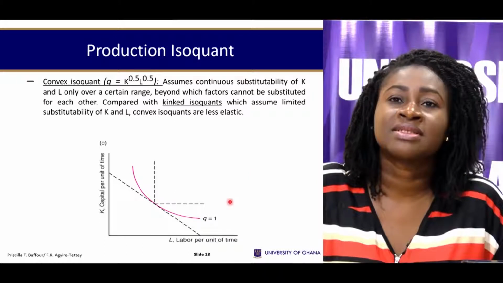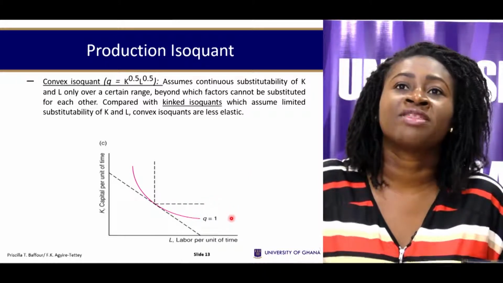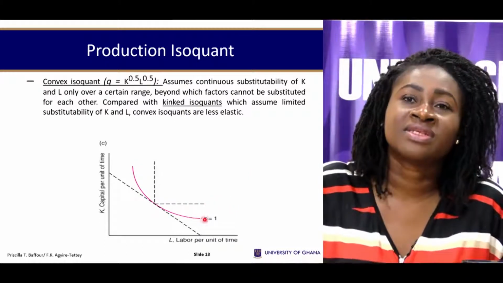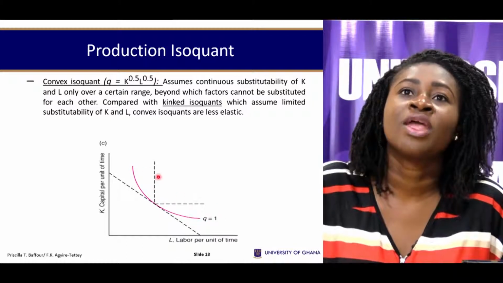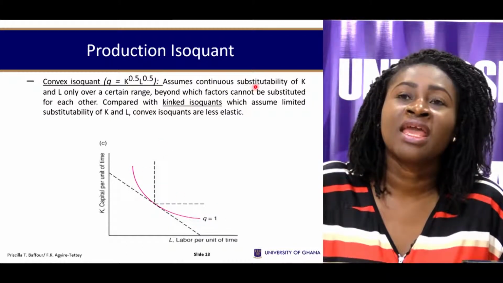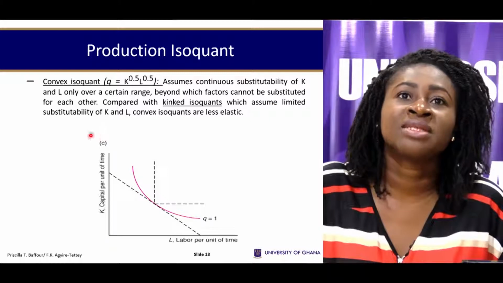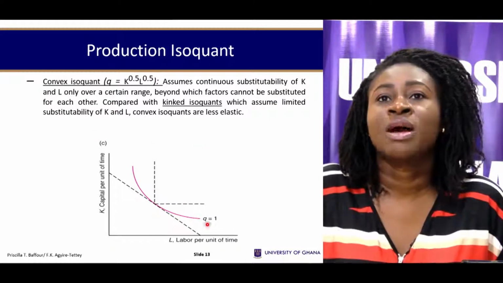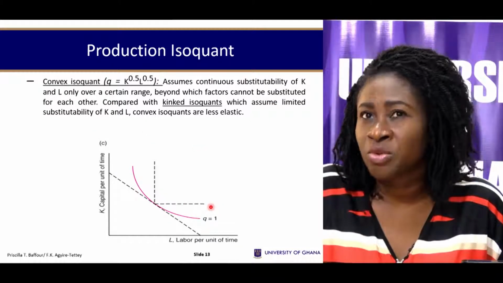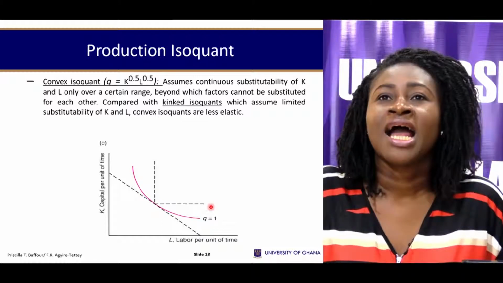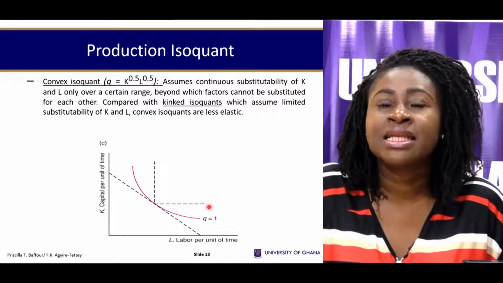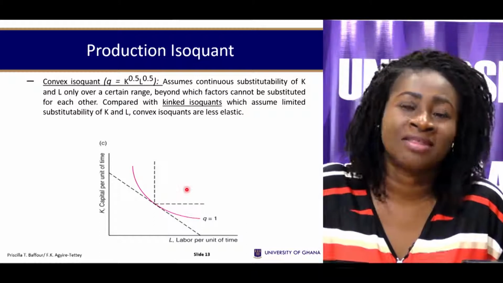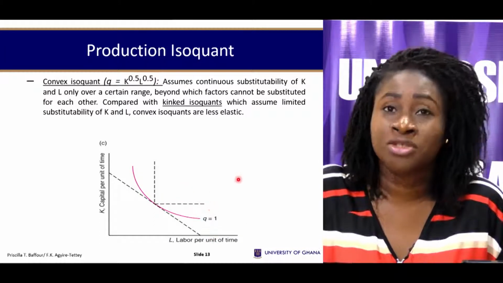which is the same as the indifference curve under consumer theory, is this scenario, compared with the kinked isoquant, which assumes limited substitutability. So I would want you to read on the kinked isoquant. With the kinked isoquant, the firm cannot easily substitute one for another, just like the complementary goods.